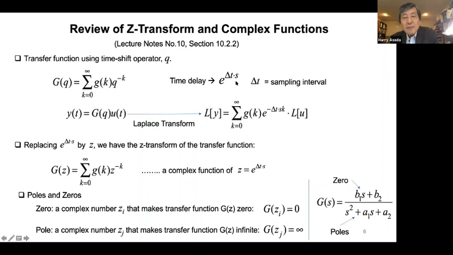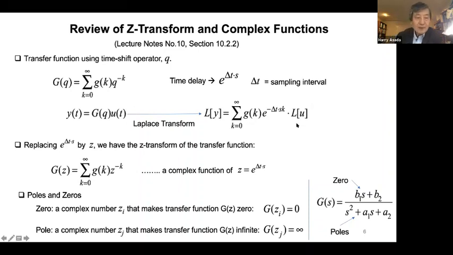So once you take the Laplace transform of this, inside is basically a summation. The Laplace transform is linear, so we can break it down to the individual terms, and this Q minus K is transformed to exponential minus delta T S to the Kth power, times the input U's Laplace transform.